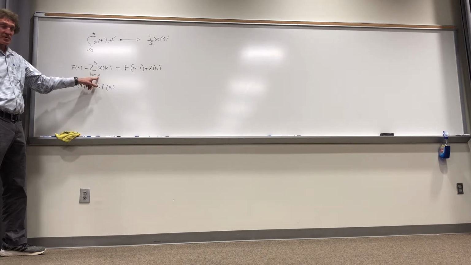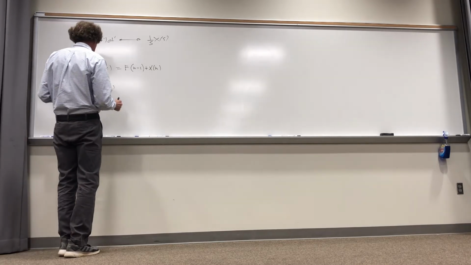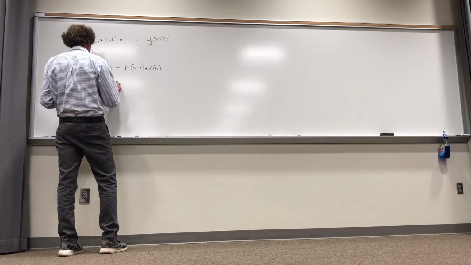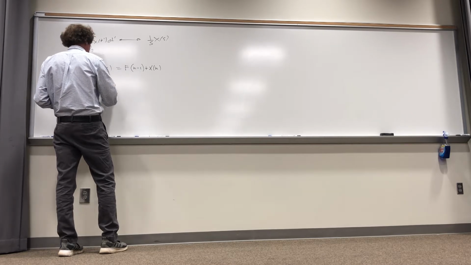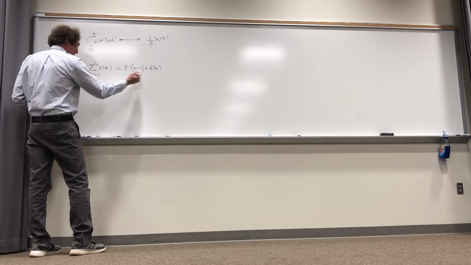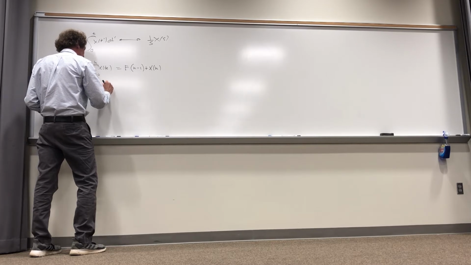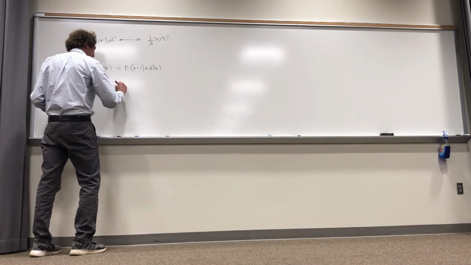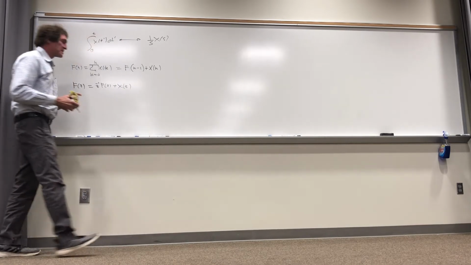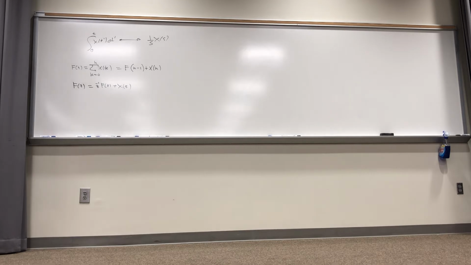They call that an initial condition. So it's z to the minus 1 times f of z plus x of z. Now, the only thing I've done is take the Z-transform of what's above. Do you all see that, class?